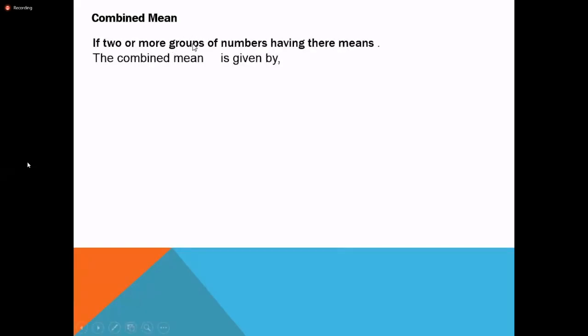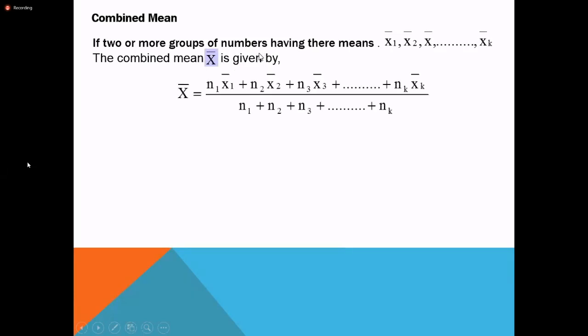If two or more groups of numbers have their means, the combined mean, let's say the combined mean x bar, is given by the means of each group multiplied by the group frequency.